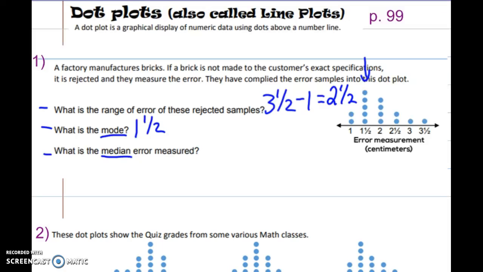We went over this yesterday, so hopefully you remember that all we need to do is cross out your lowest, highest, next lowest, next highest, and so on, which means this dot is left in the middle. That tells me that 2 is the median. So make sure that you have all of problem number 1 correct, and if you missed any, you should have the correct answers by now.